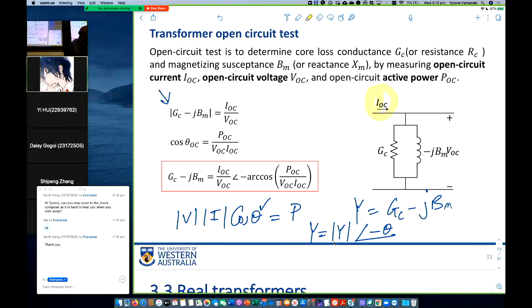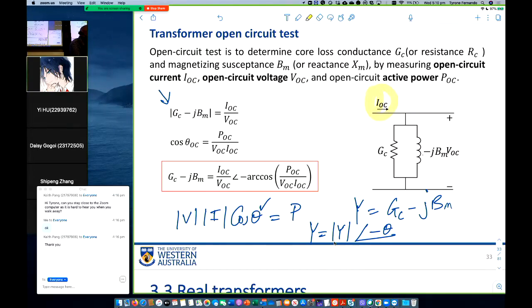Then the impedance Z has an angle positive theta, magnitude Z, positive theta. Then what is the current? The current is going to be I at minus theta, right?